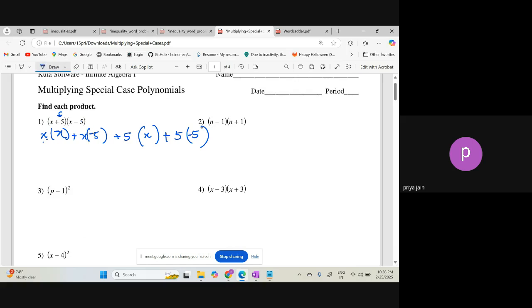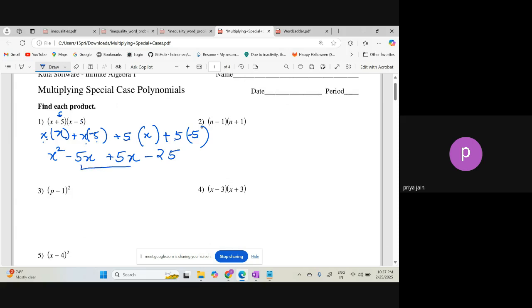Sometimes it gets confusing because you have to carry over one positive sign. So x times x is x squared, then positive times negative is negative, x times 5 is 5x. Now 5 times x is plus 5x, then 5 times negative 5 is negative 25.